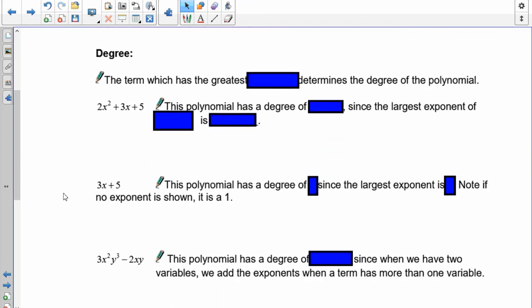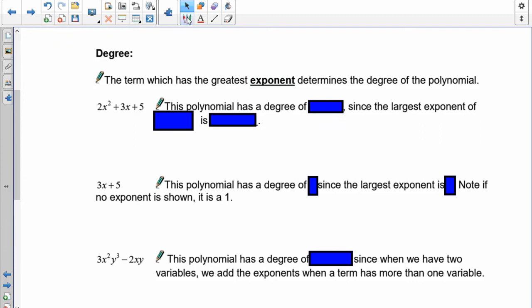Degree. In order to determine the degree of a polynomial, you have to look at its exponents. The term which has the greatest exponent determines the degree of the polynomial. Taking a look here, you get 2x squared, 3x, and 5 with nothing.